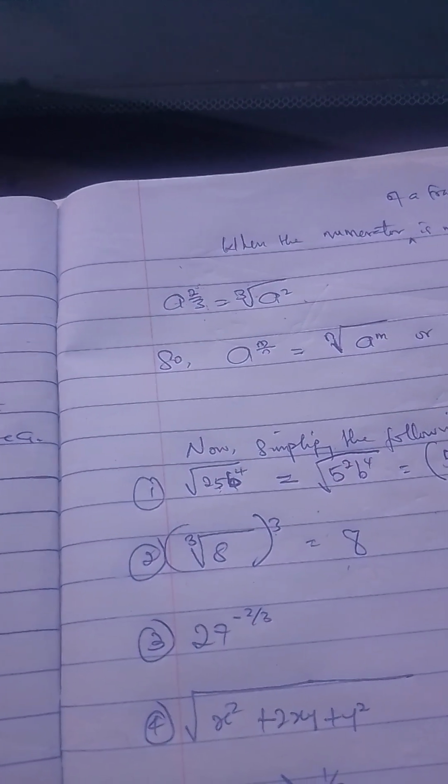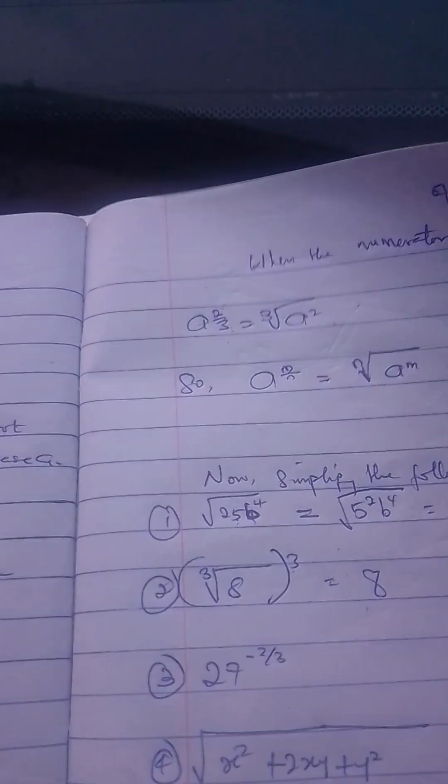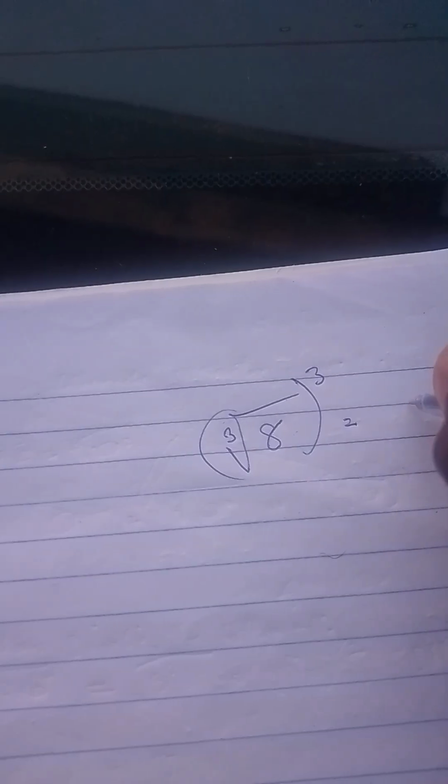To show the workings is very simple. Cubic root 8 into bracket 3. This can exist as 8 raised to power 3 over 3. So when this cancelled, it becomes 1. You get it?